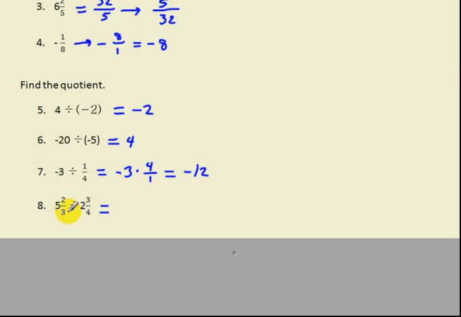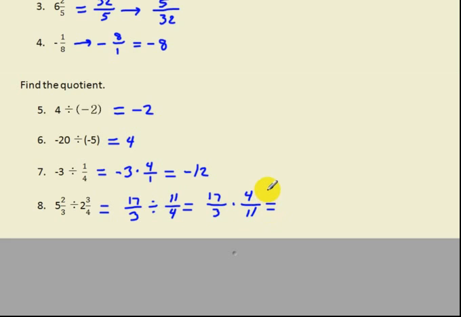So convert this to an improper fraction. 3 times 5 is 15, plus 2 is 17, so 17 over 3, divided by, then 4 times 2 is 8, plus 3 is 11 over 4. Okay, and then we can rewrite that as 17 over 3, and then instead of dividing, multiplying times invert to get 4 over 11.